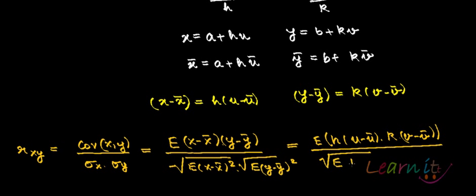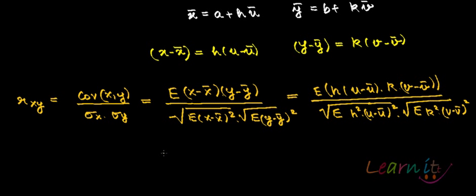E of h square into (u minus u bar) square into E of k square into (v minus v bar) square.